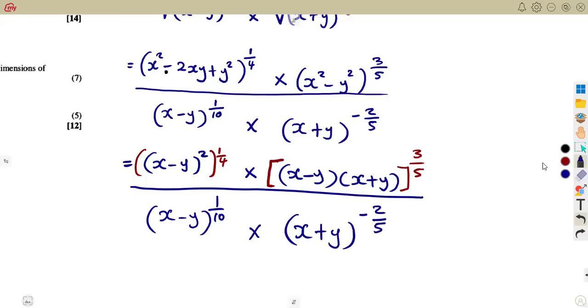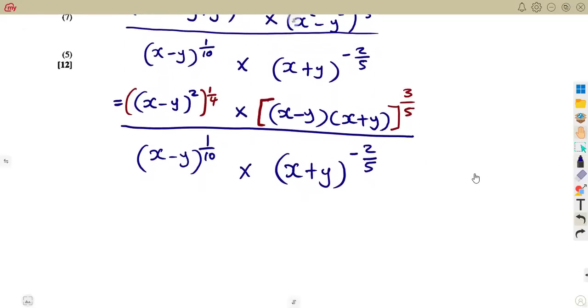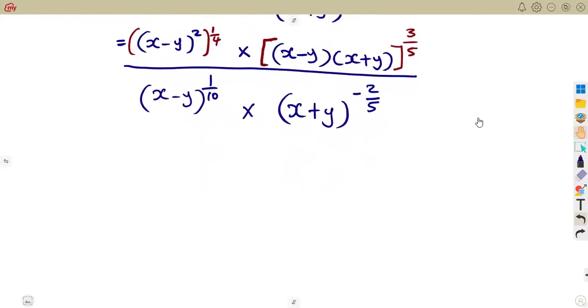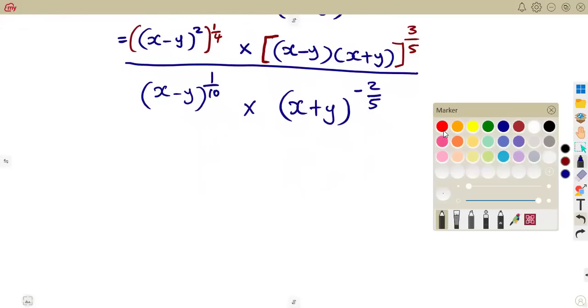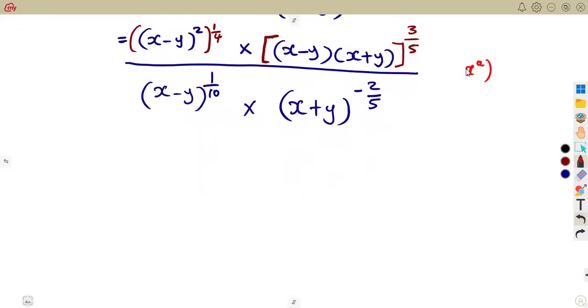So let's apply our laws of exponents where they are applicable. Like on this part, we have an exponent to an exponent. So remember our laws of exponents. We can multiply the x to the exponent of m, to the exponent of n.